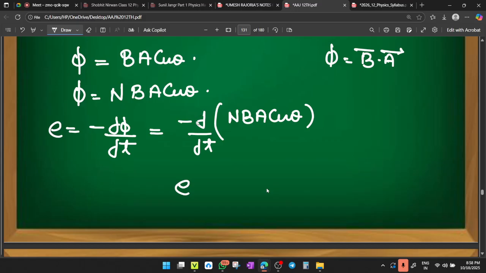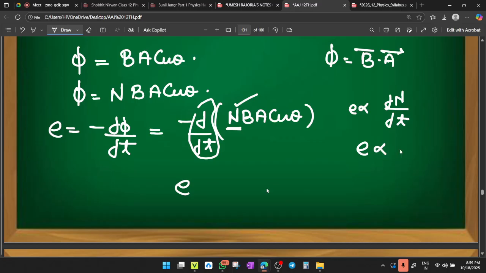Because this term d by dt means changing with respect to time, and these are the parameters you can change. So first, if you change the number of turns, EMF can be developed. So it depends on dN by dt, keeping all the other things constant. So E may depend on the rate of change of number of turns.